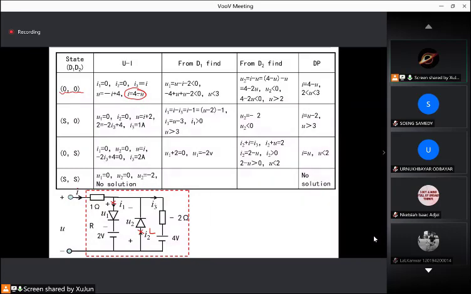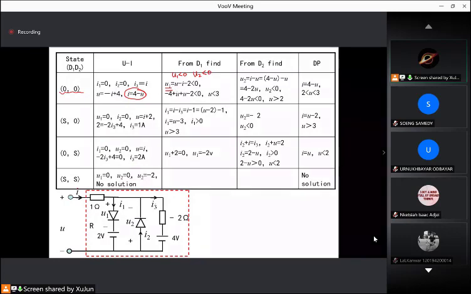When we try to make these two diodes open, we should make sure the U1 is here, plus negative, positive, negative. The U1 less than 0, and the U2 less than 0 also. That means U1 less than 0, and U2 should be less than 0.